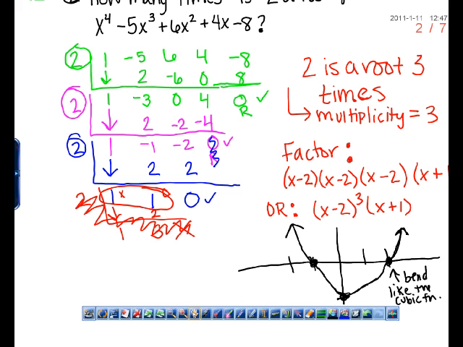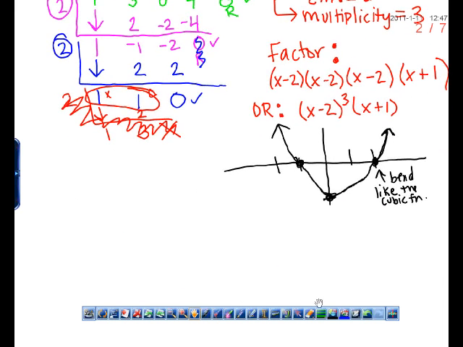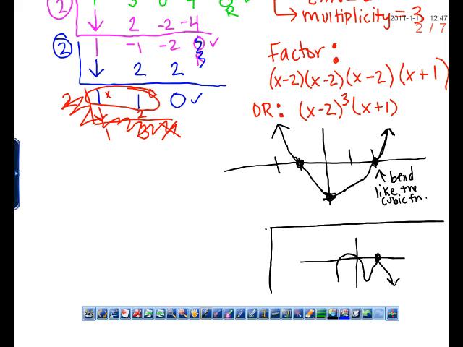So, for example, we're going to hopefully get to one later today. I don't want this to confuse you because this is a different problem. But if I had a multiplicity of 2, say my multiplicity of 2 is right here, I might have a graph that does this and then bounces back off right there.